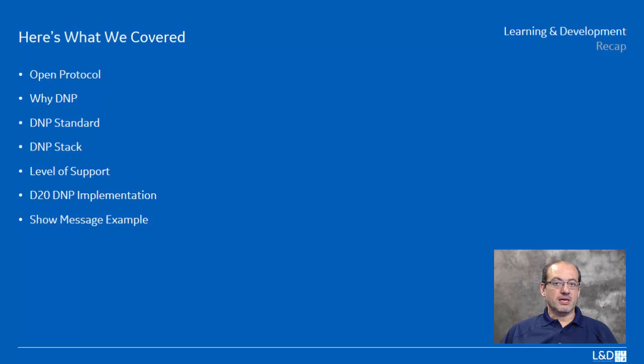Okay, so to recap, we have covered the DNP protocol, its history, how the stack is laid out, and the applications that are available, and how the messages compare to an OSI layer message. And finally, we've shown you a breakdown of a DNP message.